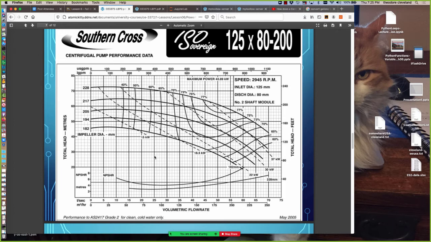The other key features of this pump curve are these contour lines: 40%, 50%, 60%, 65, 70. Those are the mechanical efficiency of the pump, or you can think of it as the energy into the motor; on the 70% curve, 70% of the energy goes to the water.